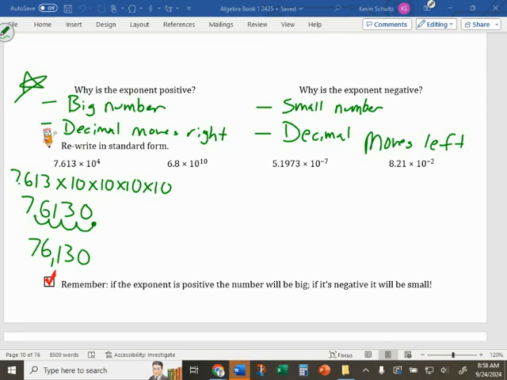6.8 times 10 to the 10th. I'm not going to write this out, times 10 times 10 times 10. But again, what this is saying is that we are multiplying 6.8 by 10 ten times. Which means how many times will the decimal get moved over to the right? 10 times. Okay? I'll do it in red so we can differentiate it from the green here. 6.8, 1, 2, 3, 4, 5, 6, 7, 8, 9, 10.